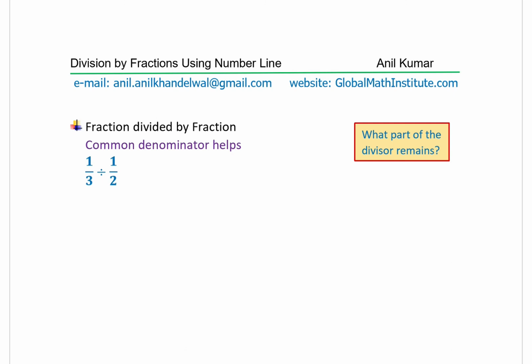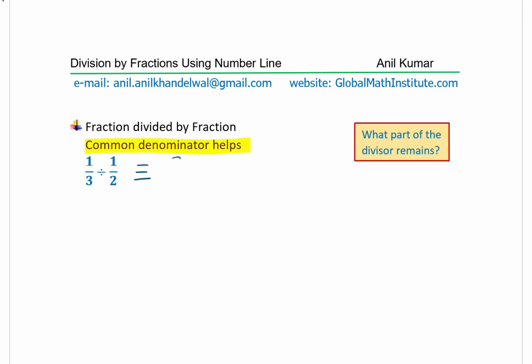It's kind of tricky. Now, we have an example here which is 1 by 3 divided by half. Now we'll go with the concept of common denominator as it really helps. So first, let's make an equivalent statement. We could write this as 1 by 3 and 1 by 2. We can make both denominators 6.